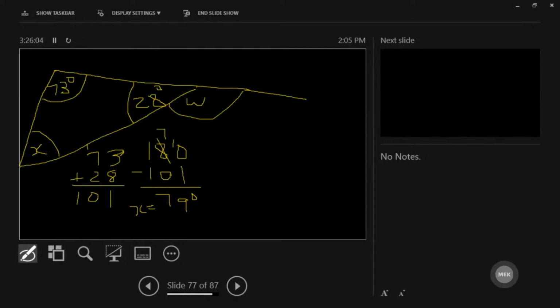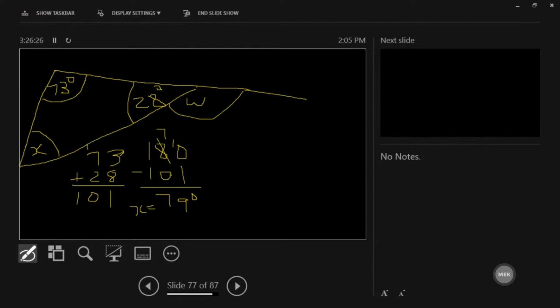So now what is W? What is W now? Cashmark, where did the 152 come from? We know that X is 79 degrees. Right.